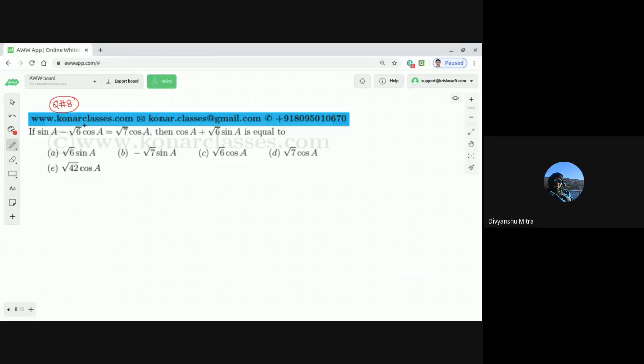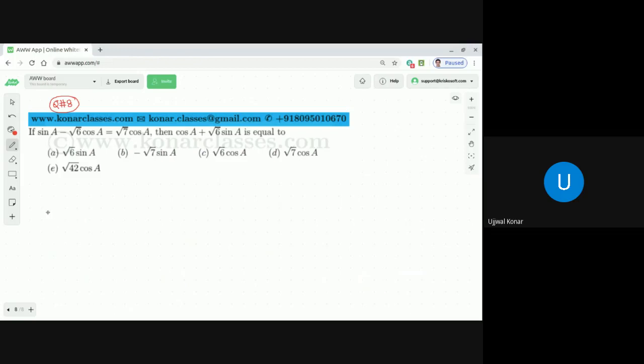We get root 6 sine A minus 6 cos A is equal to root 42 cos A. After that, I get root 6 sine A value, and then cos A plus the value of root 6 sine A, which I'm getting to be 7 cos A plus root 42 cos A. After that I have to simplify. So you notice there may be a slight mistake.